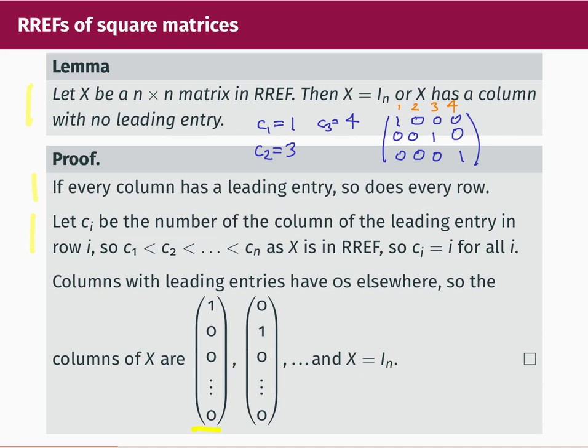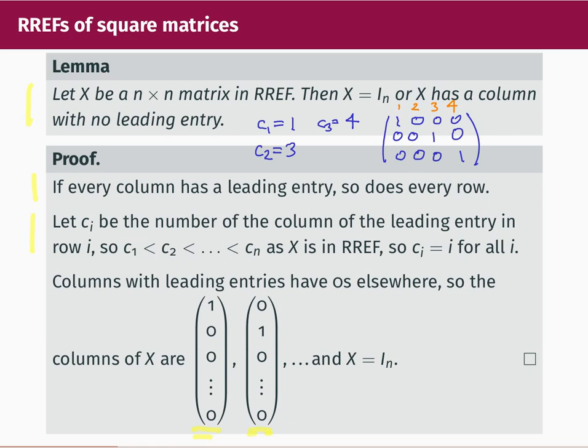So the first column of X has its leading entry in row 1 because C1 is equal to 1. That leading entry must be equal to 1 because X is in row-reduced echelon form. Every other entry in that column must be 0 because X is in row-reduced echelon form. So the first column is 1, 0, 0, 0, 0 down to 0. Let's look at the second column.